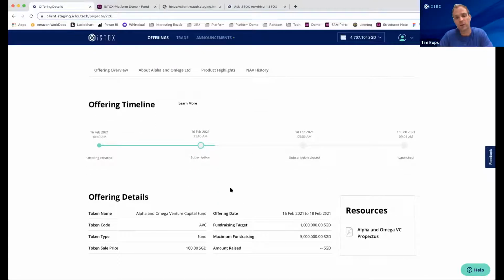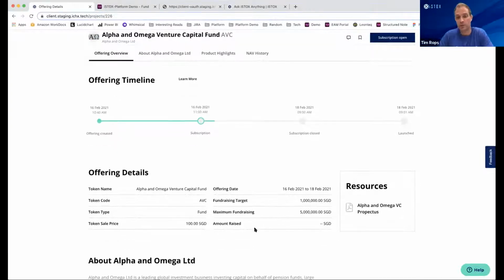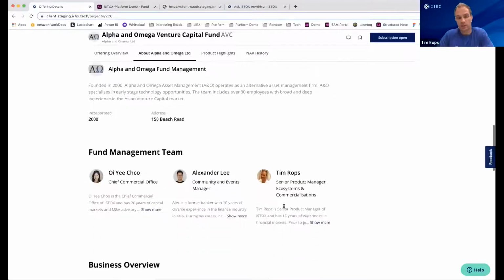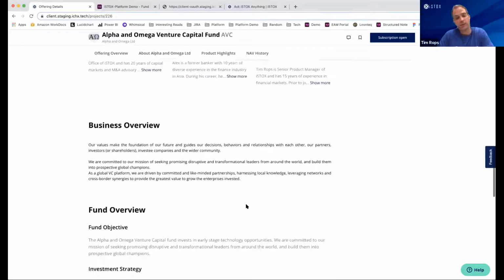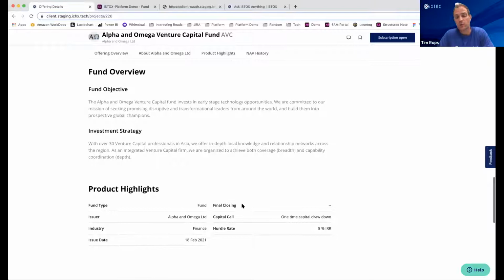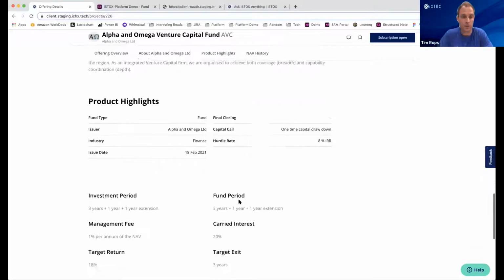So we have a timeline, we have some legal documentation, offering details, obviously, such as the sales price, the fundraising targets, and then some background around the fund and the fund manager, and in this case, the fund management team, the business overview, etc. So depending on what the fund type is, will require certain information, and that information should provide you as an investor with sufficient information to do your due diligence and make an educated investment decision.